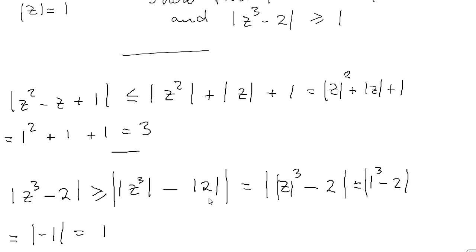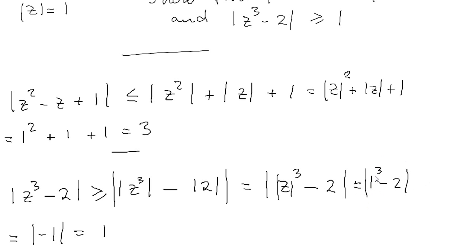So what we are doing now is writing this as the absolute value of z to the power of 3, which we have done here. And now we are in the position to state what this number is, because the absolute value of z is equal to 1, so we have now 1 to the power of 3, which is certainly 1, minus 2.